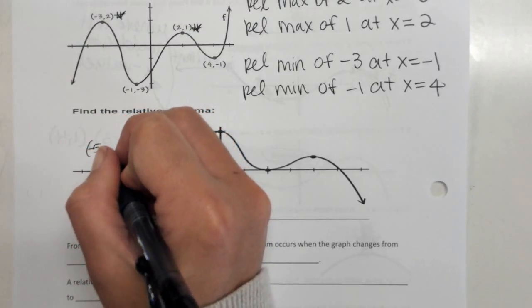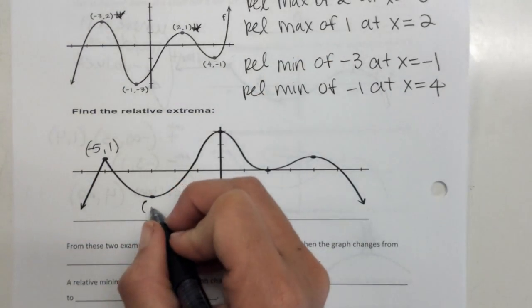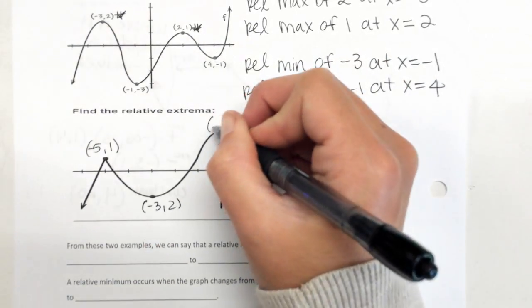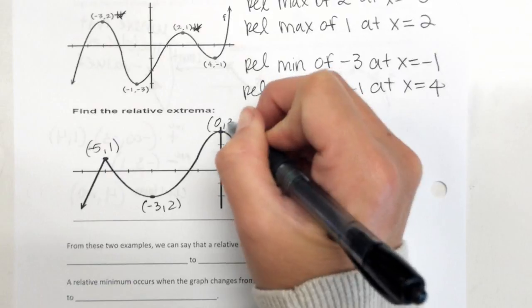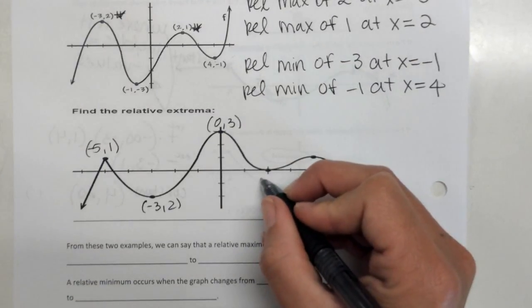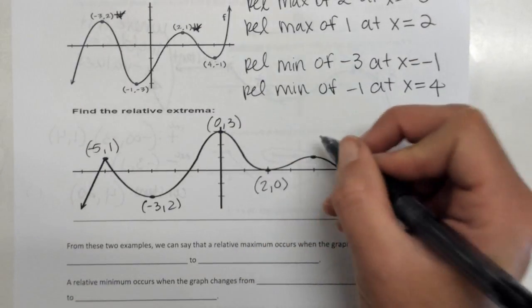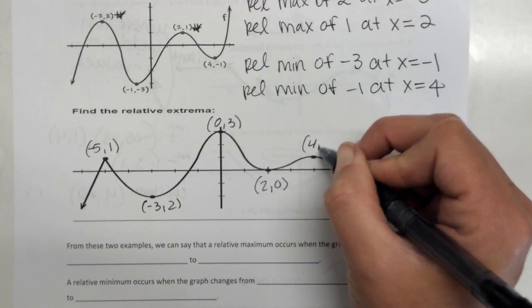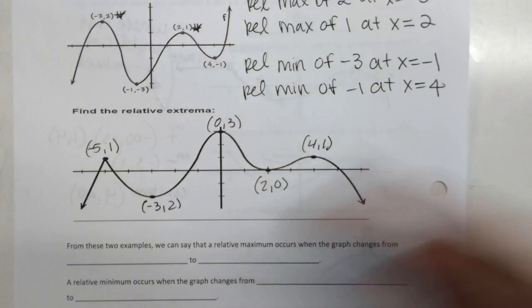There we go. Negative 5, 1. Kelsey, tell me this one. Negative 3, 2. Alyssa, tell me this one. Kaya, tell me this one. Antonia, tell me this one. 4, 1. Ransom, never mind, there's no more.